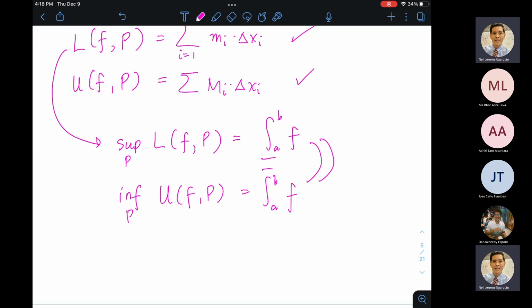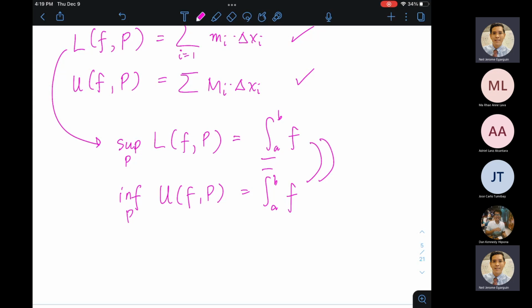But you will see it's very tedious on how to check whether a function is Riemann integrable because it will take us to consider all possible partitions or all possible partition inducers for the interval of integration AB, compute all the corresponding lower and upper Riemann sums, compute their supremum and infimum, compare the two values.